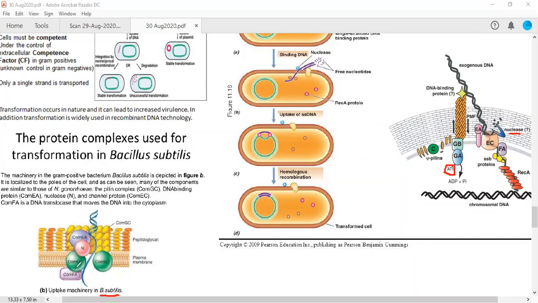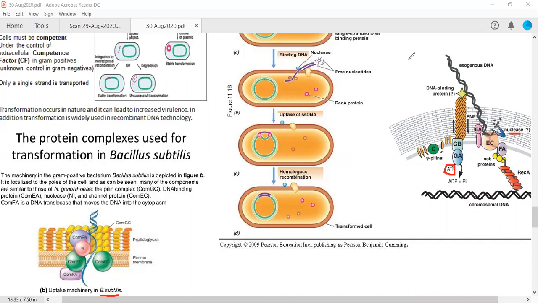And there are two other proteins, ComEC and ComFA, which will help in translocation and make a channel-like structure, as you can see here also. They will help the single-stranded DNA molecule, called the exogenote, to come inside the bacterial cytoplasm. And then it will be integrated into the bacterial chromosome by homologous recombination, right?